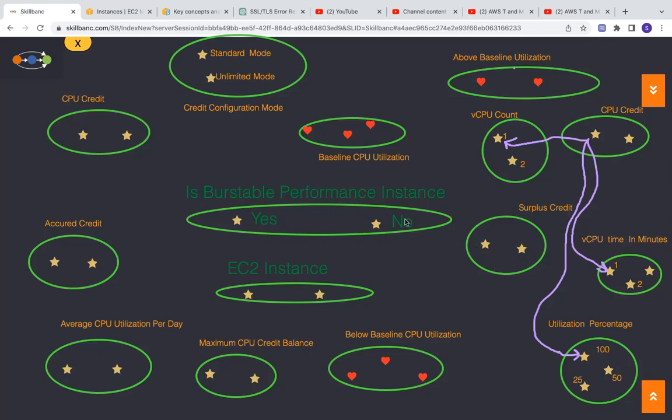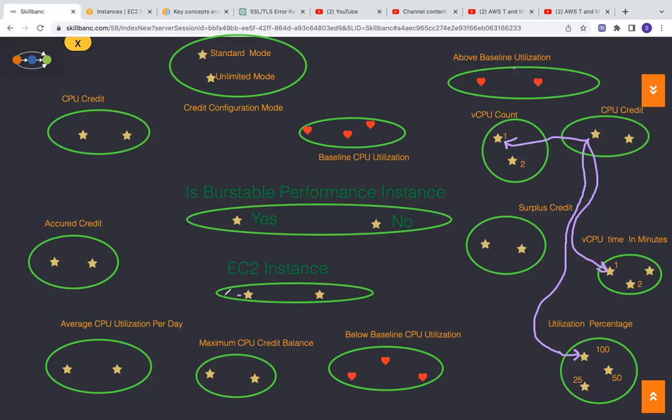And if you are utilizing the instance CPU utilization below the baseline, then you will be accruing the credits. You'll be accruing the credits. So let's start drawing some arrows here.